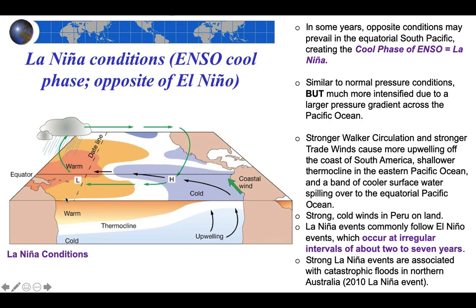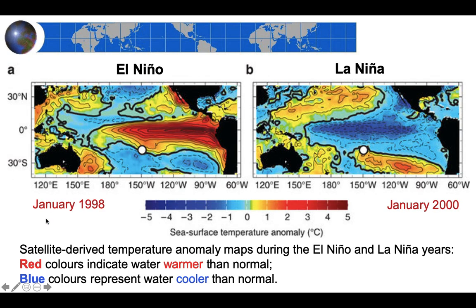In Australia, the 2010 La Nina event caused enormous amount of damage because of catastrophic floods in northeastern part of the Australian subcontinent. And if you remember, this past winter in 2020, we also had extremely strong wildfires in Australia because of the opposite effect of La Nina.